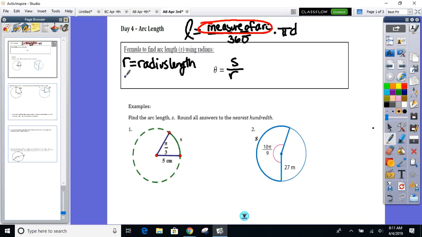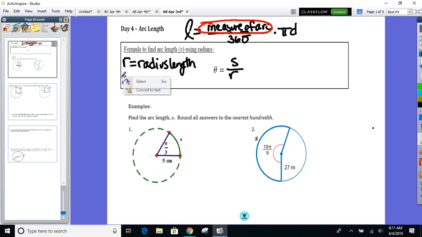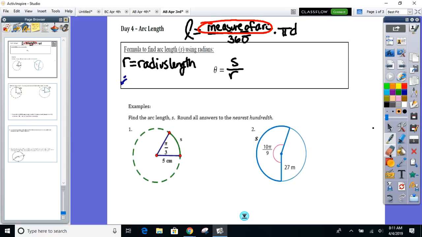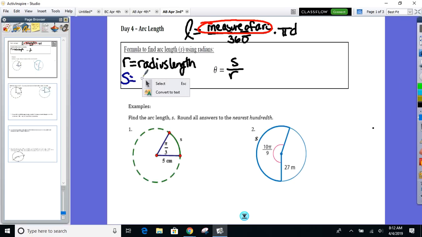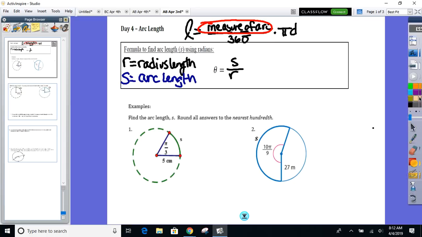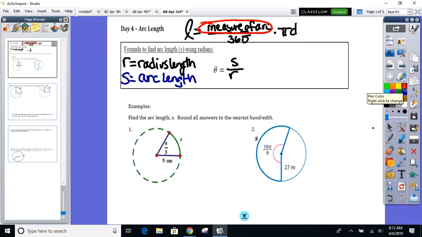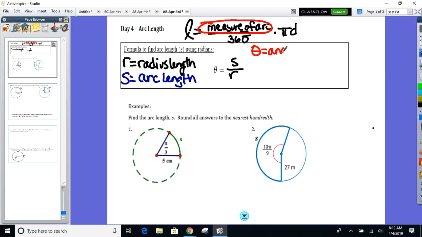S will be the arc length, so most of the time we'll be solving for S here. And then finally, theta, that is my angle in radians.